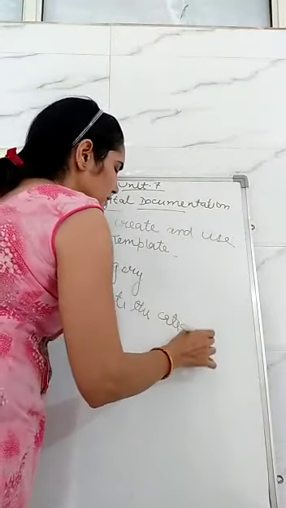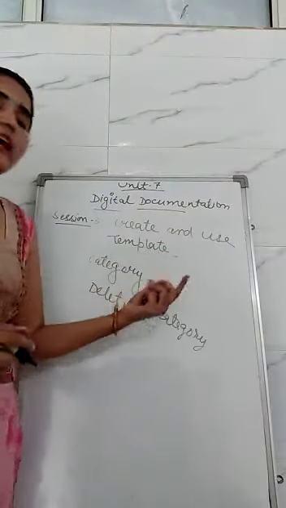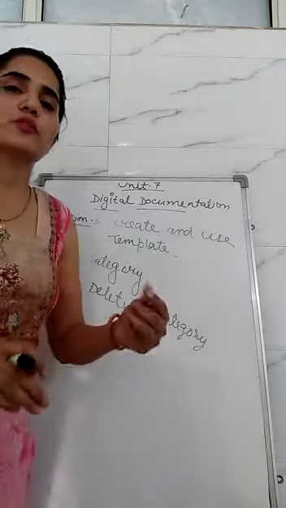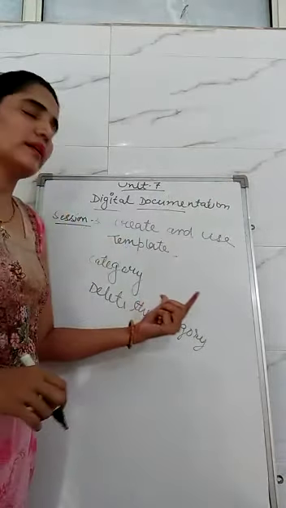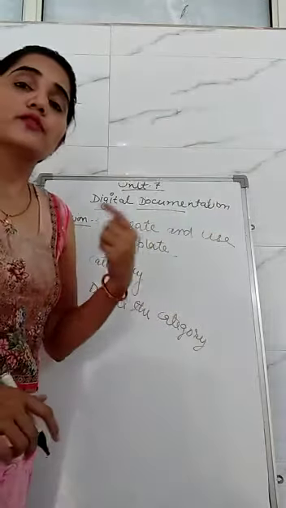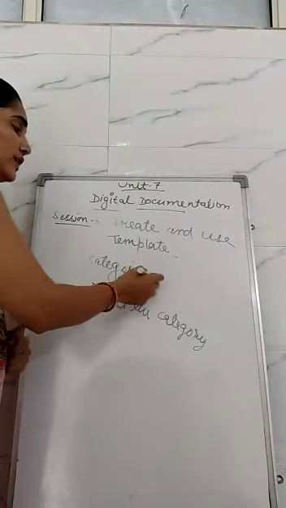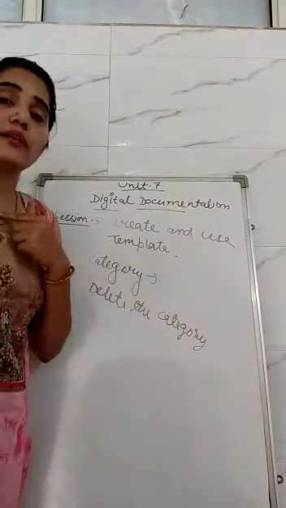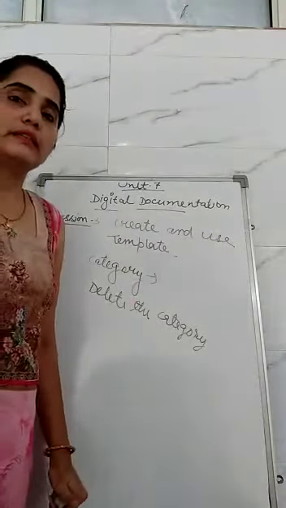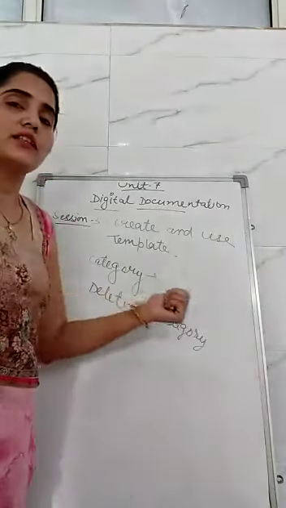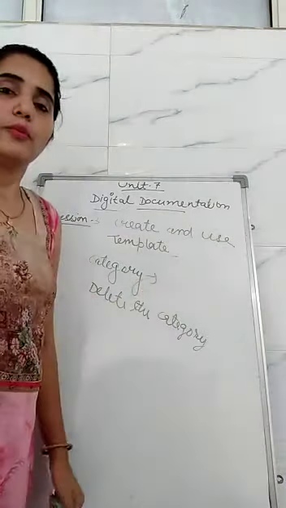Category means, my dear students, in template different categories have different types of design. Suppose a business category is there, that contains only business related designs. A resume category is there, that contains only resume related designs. We can also create our own category, and if we want to delete that category, we can also delete it. Let's do all these sessions, session number 3 and 4 practically.